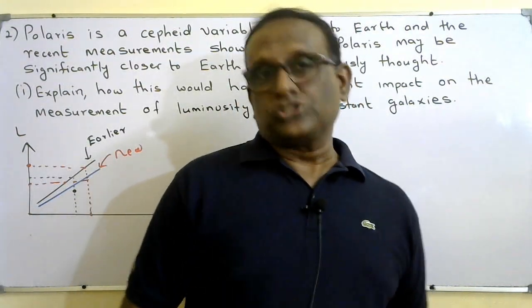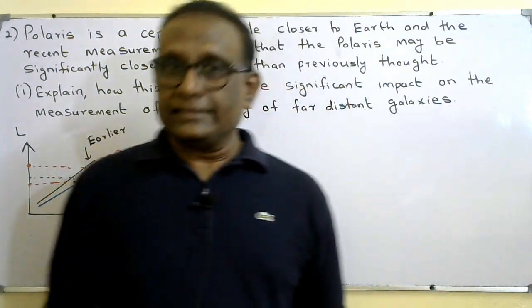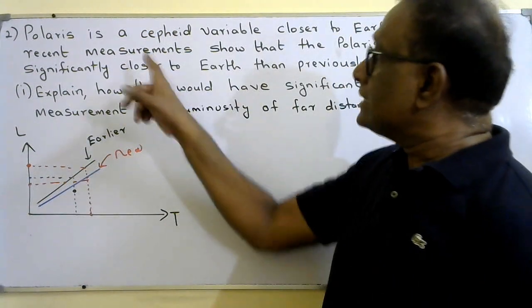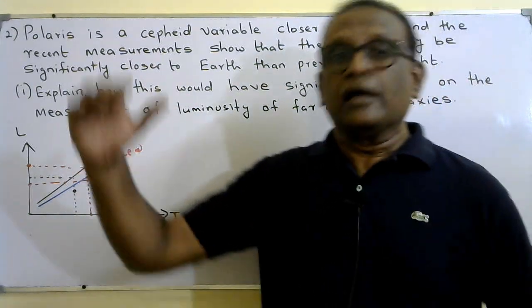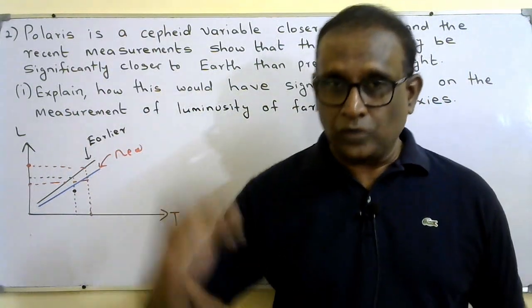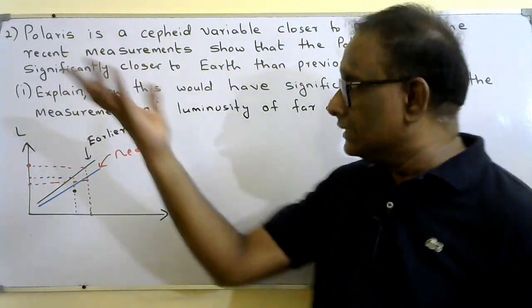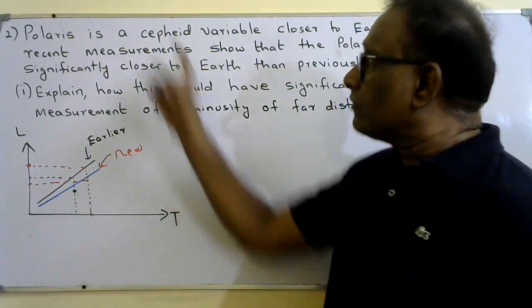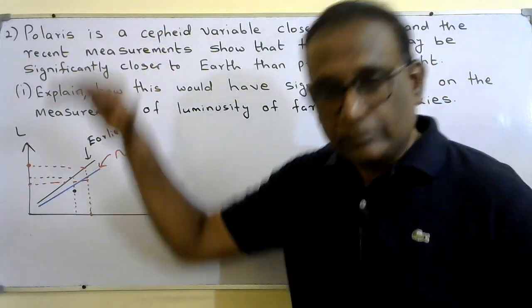Okay, so that's the answer. So the answer, what should we say? We can say like this. When the new measurement of the distance of Polaris becomes smaller than the expected value, or what we thought earlier, the luminosity of the Cepheid variable also will become smaller.